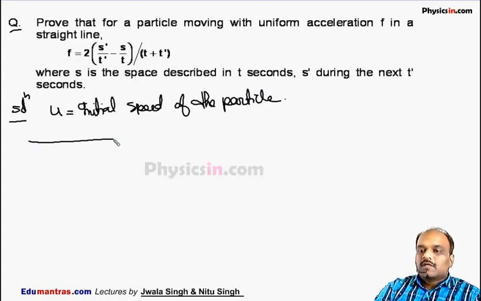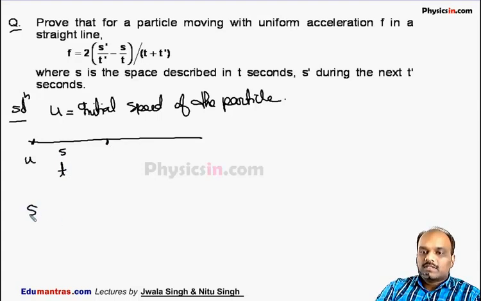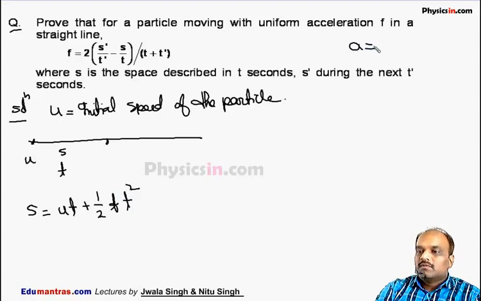Since this particle is moving with uniform acceleration, for the first t seconds it travels distance s. So I can say s is equal to ut plus half f t squared, because it is given a is equal to f.